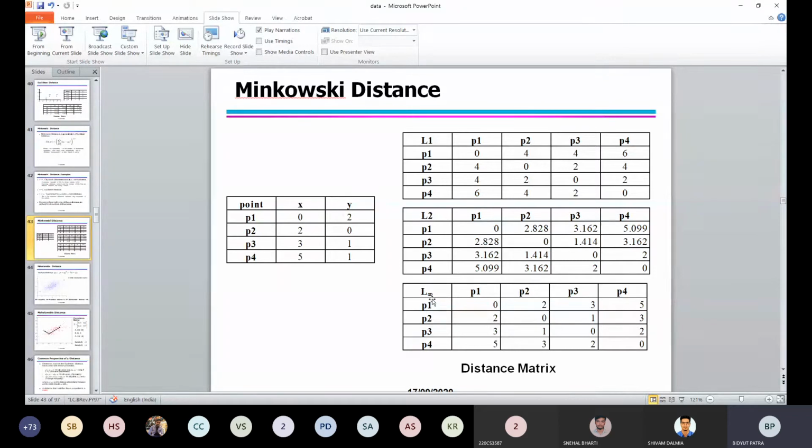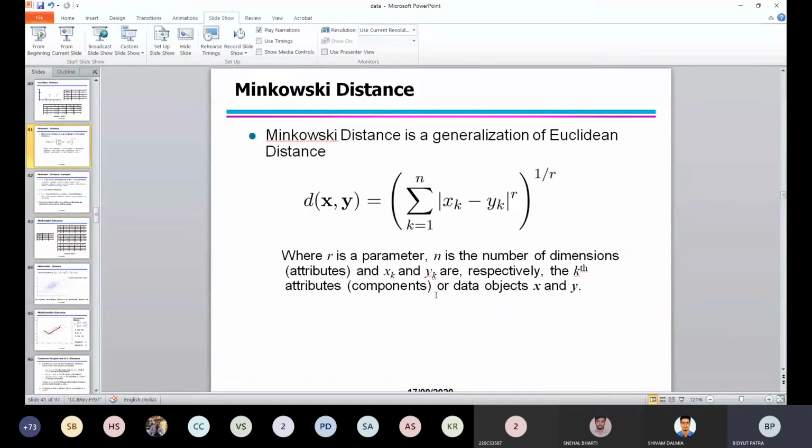And then we come to the L infinity norm. If I go back to the slide, this is the generalized distance, where you take the absolute value of xk minus yk to the power r, and then 1 by r, with r going to infinity.